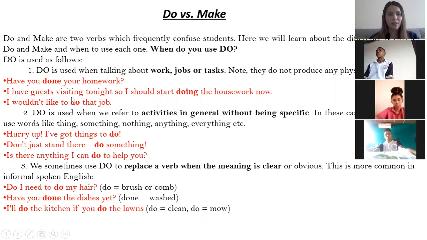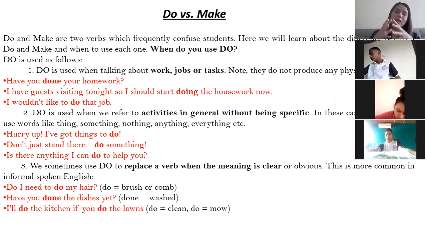I have a guest visiting tonight, so I should start doing the housework now. I wouldn't like to do that job. No me gustaría hacer ese trabajo. So do has a specific use cuando estamos hablando acerca de trabajos, tareas, nada que involucre el trabajo de hacer un objeto, de manejar algo físico, sino es más mental.